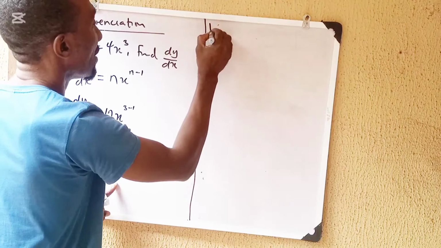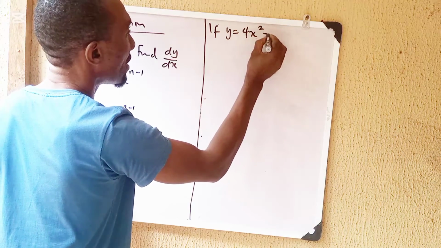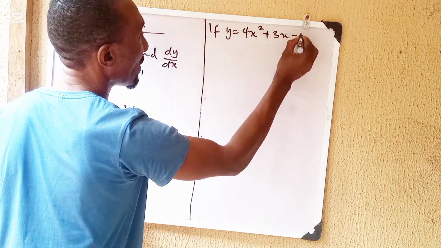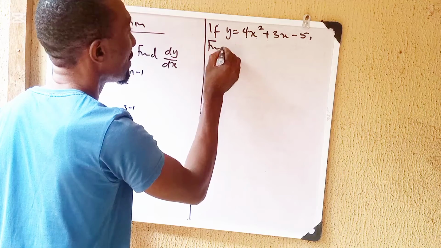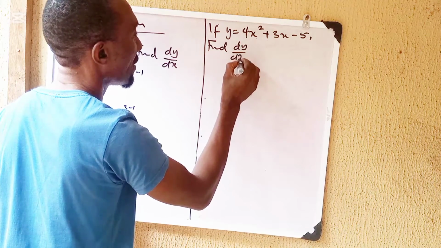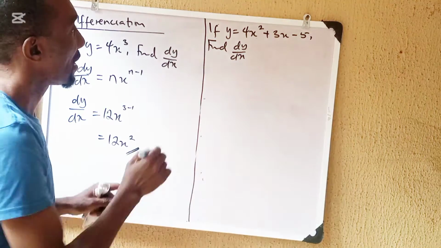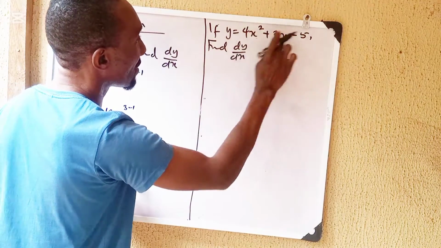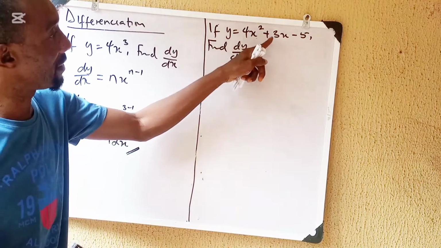If you are given y is equal to 4x squared plus 3x minus 5, and you're told find dy/dx. So that means differentiate y with respect to x. Here, what do I do? Again, this is a derivative of a sum. We can handle this individually.